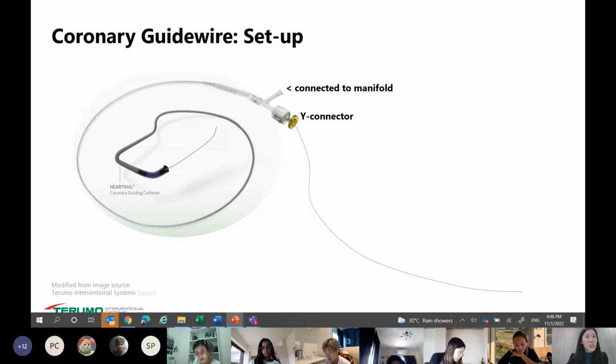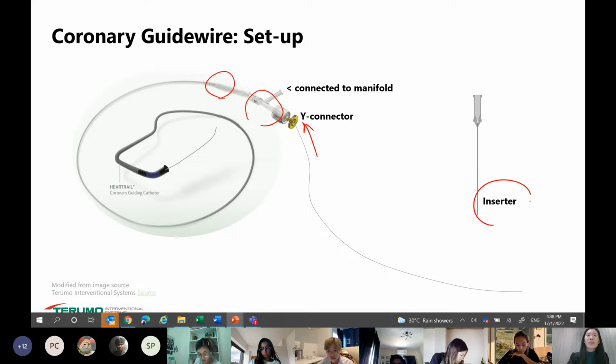And this is the coronary guide wire setup. As I mentioned, your Y connector will be connected to your guiding catheter, and your guide wire, like a hair, has to go into the Y connector. How does it go in? Unlike a 035 guide wire, it doesn't come with the holder itself.